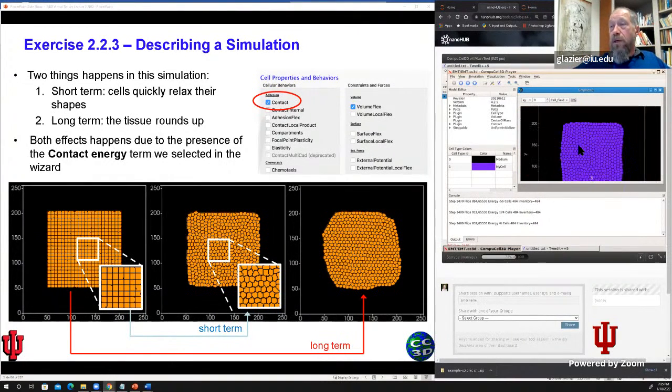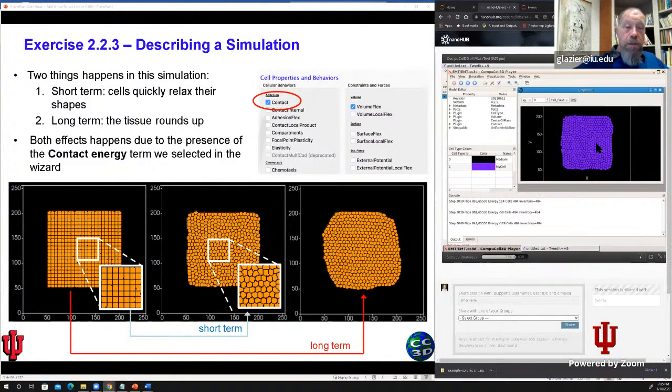If I zoom out, the shape of the whole tissue is still pretty square because I started out with a square, but if I run this long enough, it'll gradually round up and make something that's more or less circular. Okay, is everybody getting that?